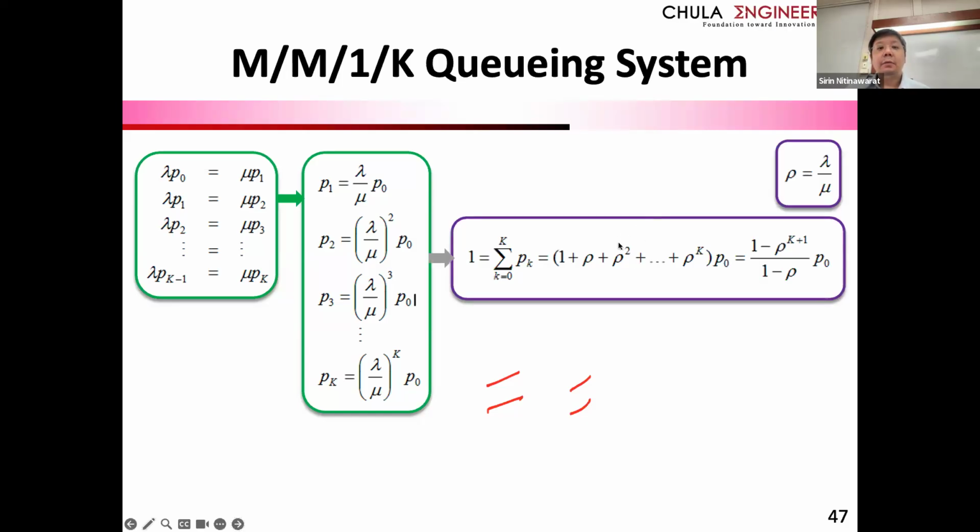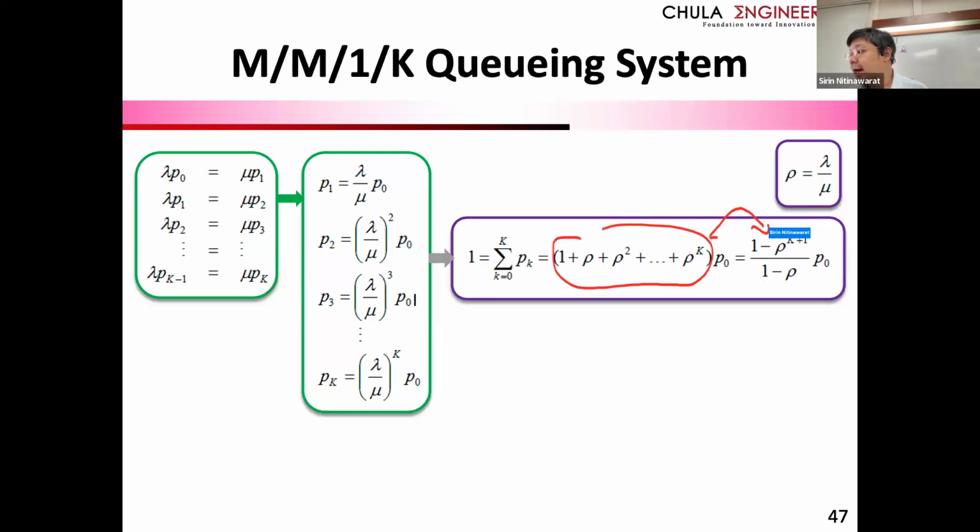Now, the condition for P0 will be different because there's only P sub 0 to P sub K. So you look at this sum, it will be a finite sum. Using the same trick, you can derive the formula for this sum.